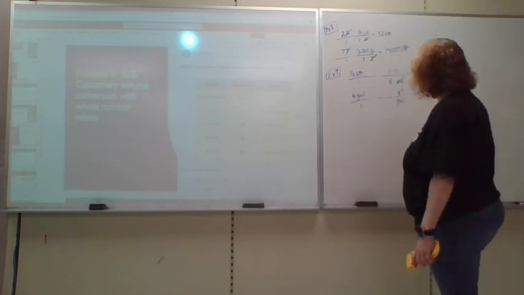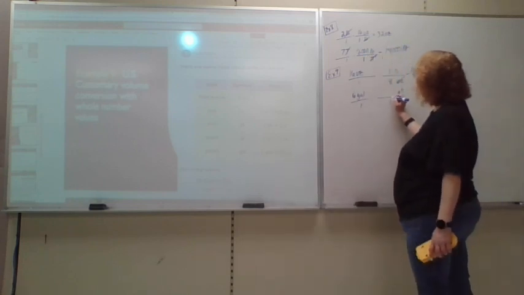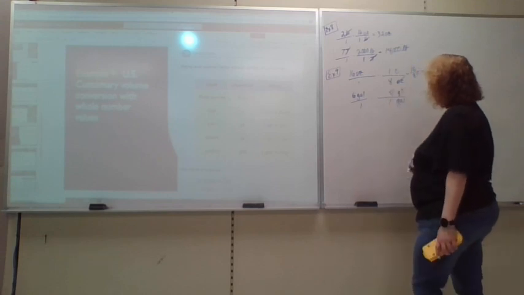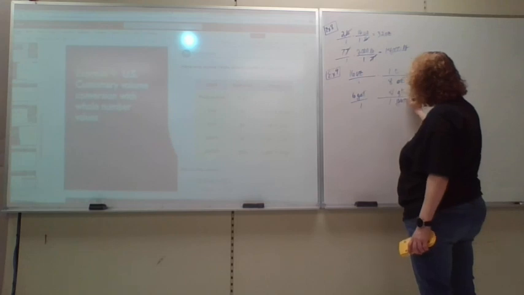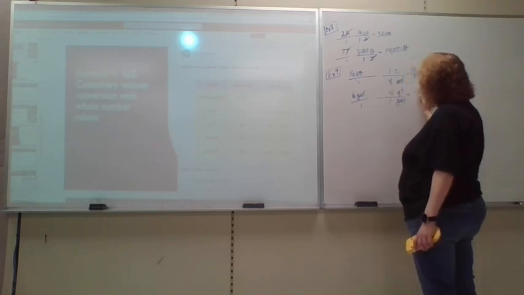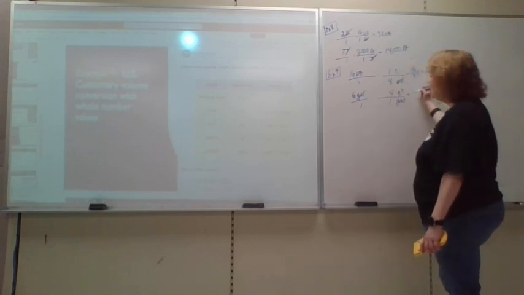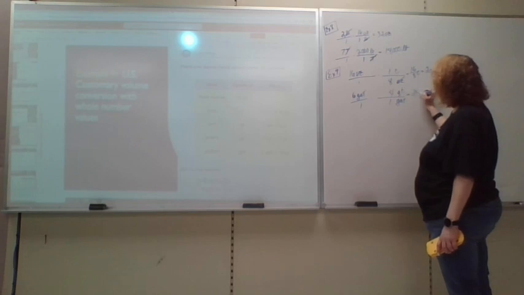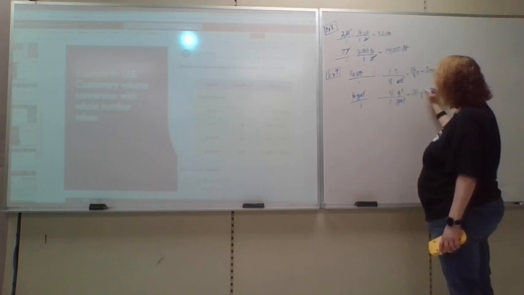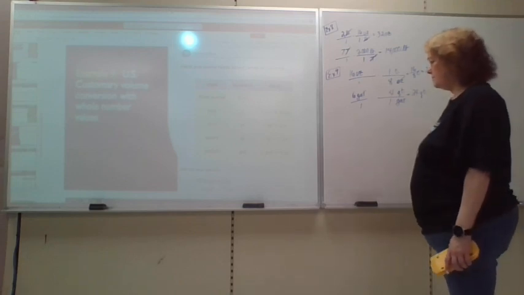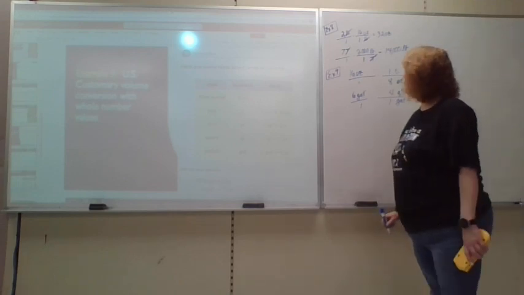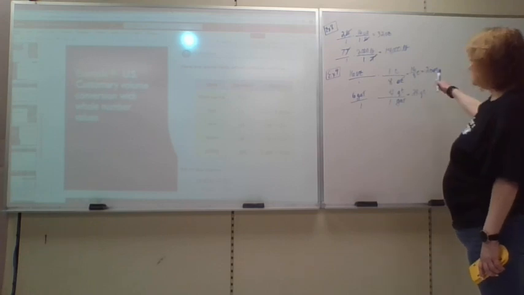So there are 4 quarts in 1 gallon. Yeah, that's right. So cancel out the gallons, and that leaves me with 24 quarts. Questions over that?